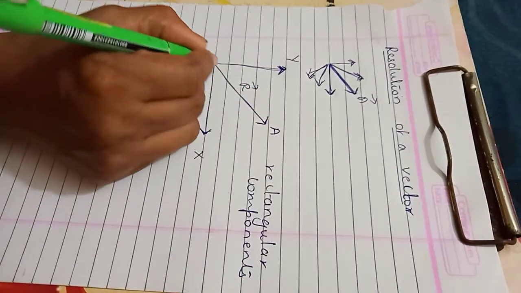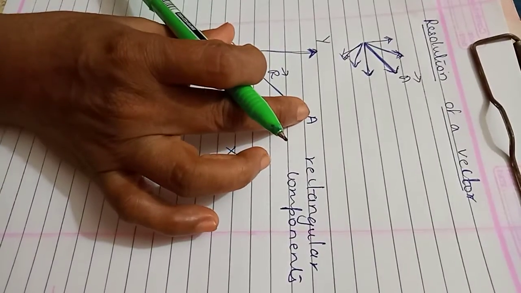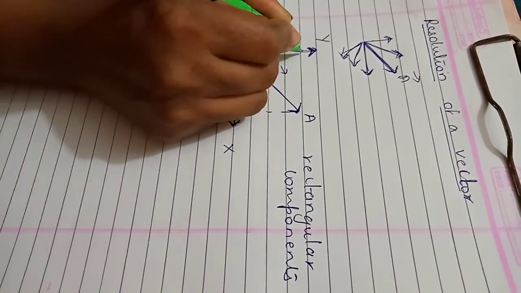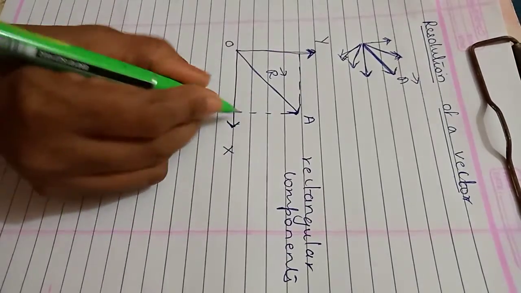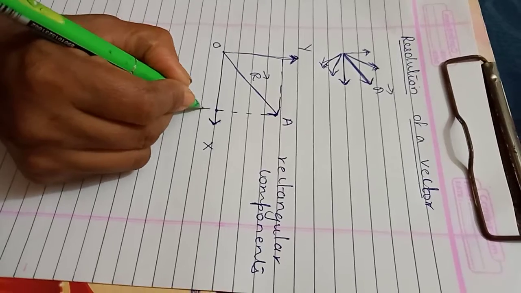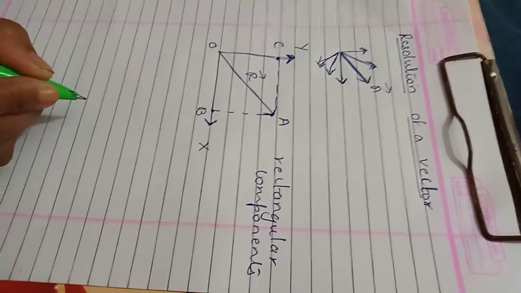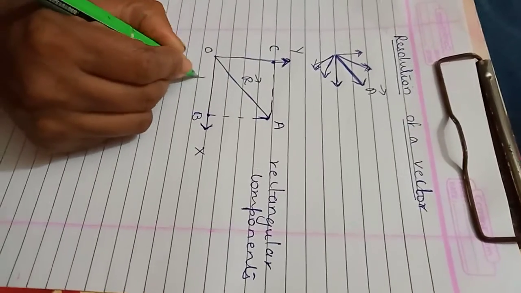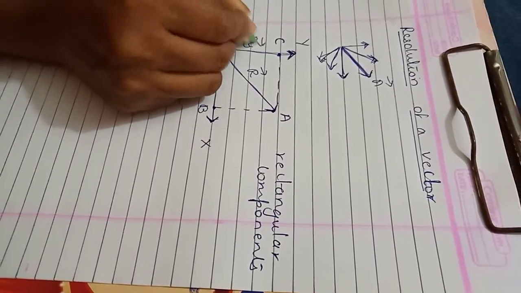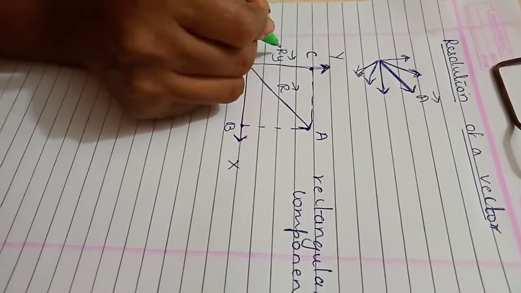Let the vector R be represented in magnitude and direction by this vector OA. From A, drop two perpendiculars. One on the x-axis, let me call it as OB, and one on the y-axis, let me call it as OC. Then the vector OB and vector OC are represented as typically vector Rx and vector Ry.